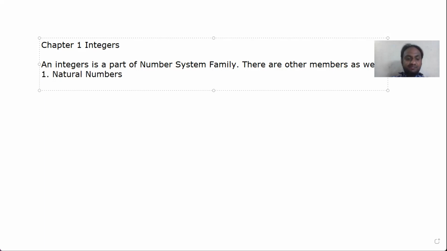Second is whole numbers, and the third is integers. The fourth type will be decimal numbers.